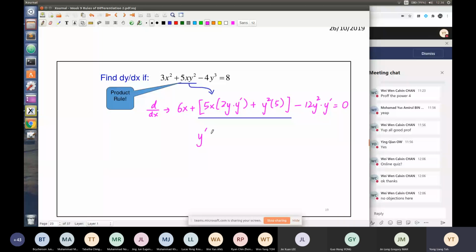This looks like 10xy minus 12y square, and I'm going to get minus 6x minus 5y square on the right side. So y prime is equal to this whole thing. Objections?